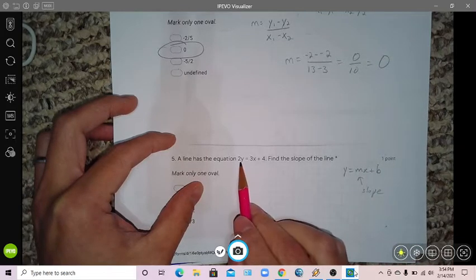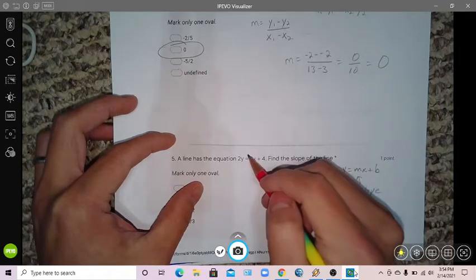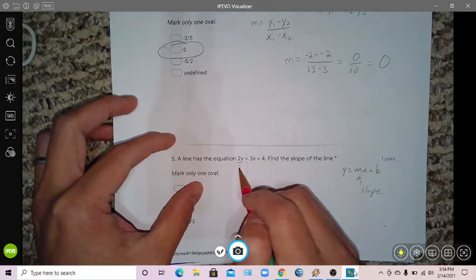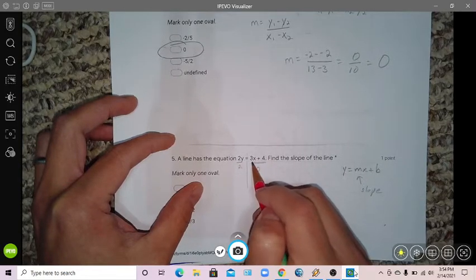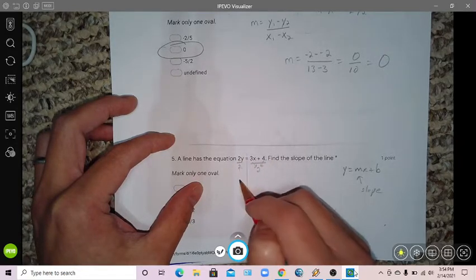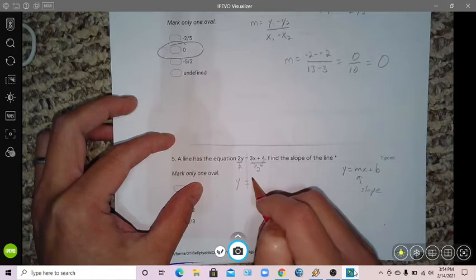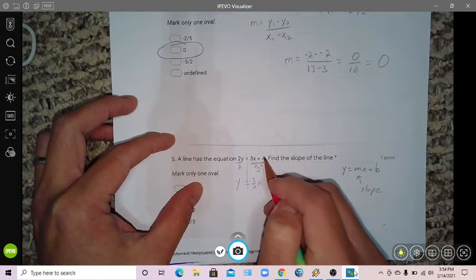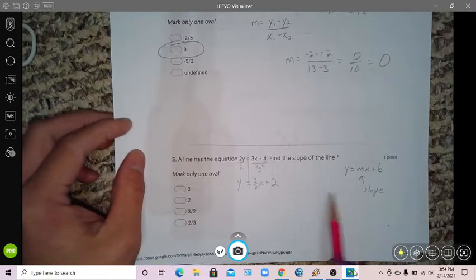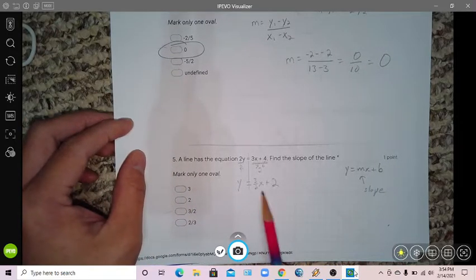There's my equal sign. I need to get the y by itself. All I have to do is divide by 2, and I have to distribute here. So this would be y equals 3 over 2x plus 4 divided by 2, which is 2. So it looks like the slope then is 3 over 2.